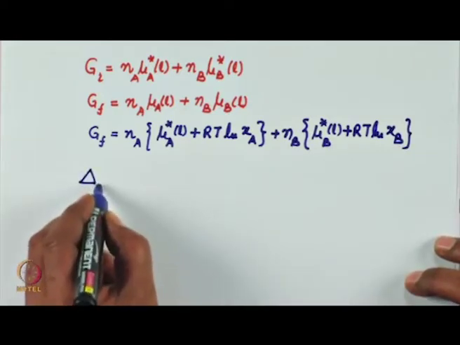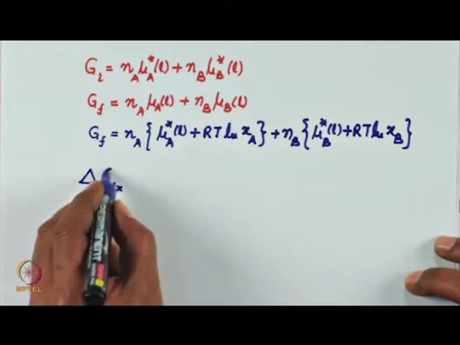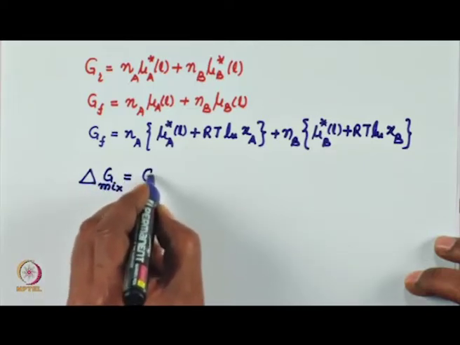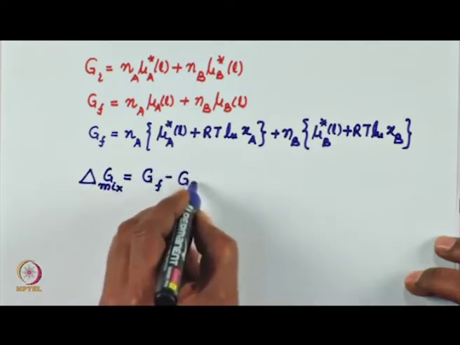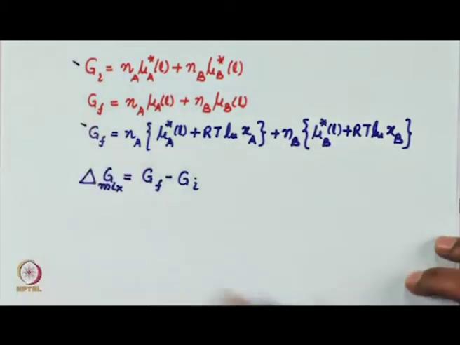And delta mixing G is equal to G final minus G initial. So, this and this need to be subtracted.